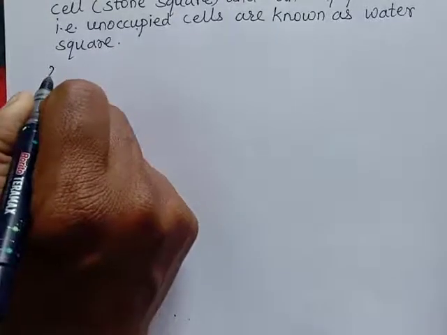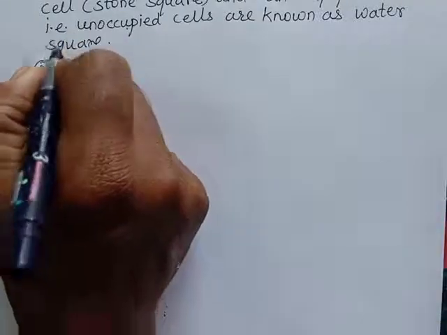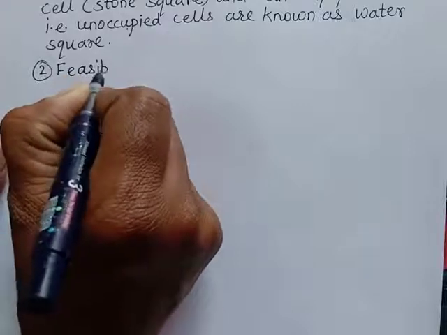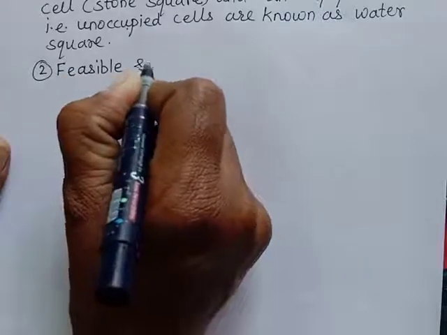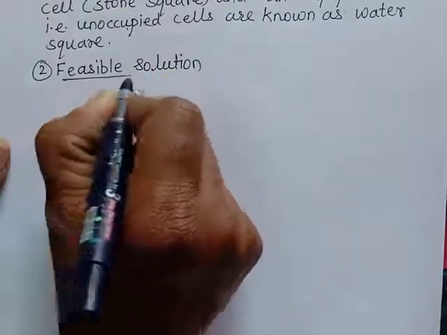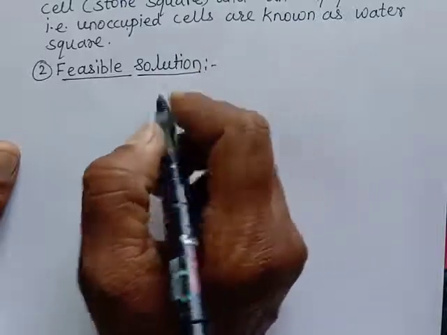Now the second definition is of feasible solution. These definitions are familiar to you from the first chapter, the linear programming problem.